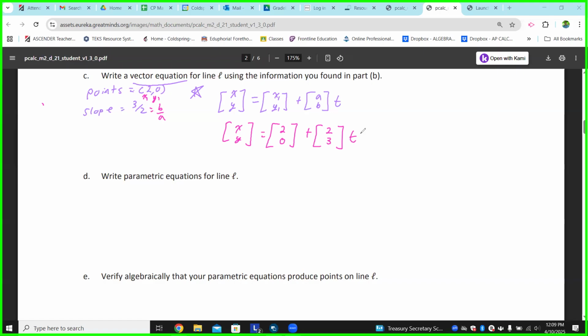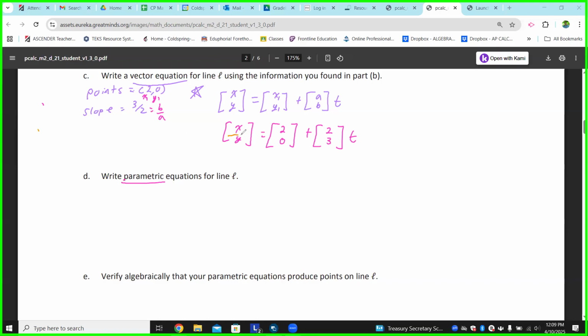Any others? So know this equation, and then know how to plug it in. All you need is a point and a slope. If you have that information, you can write parametric equations for a linear function. To write this as a parametric equation, you're just going to write it out as an equation.